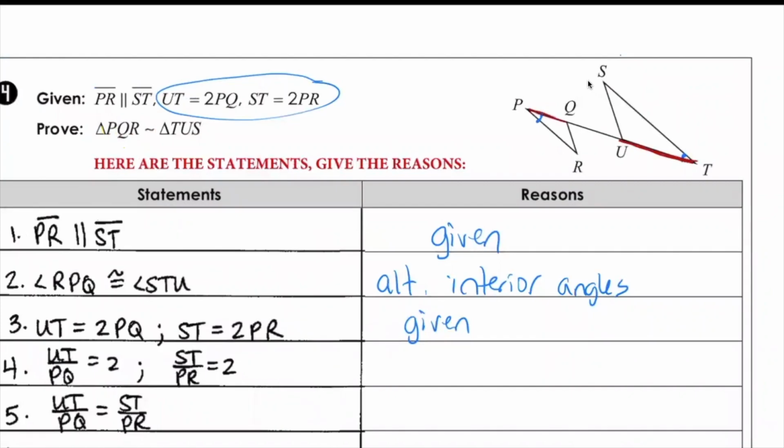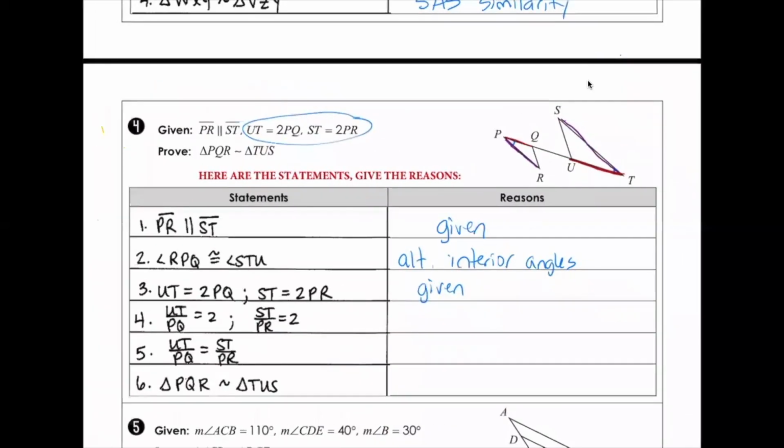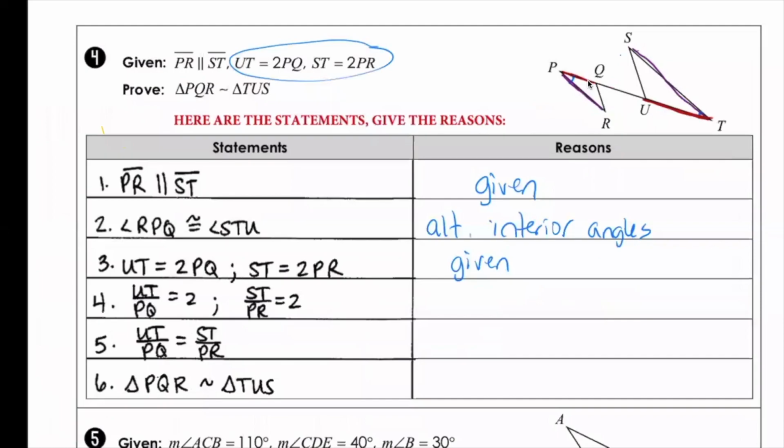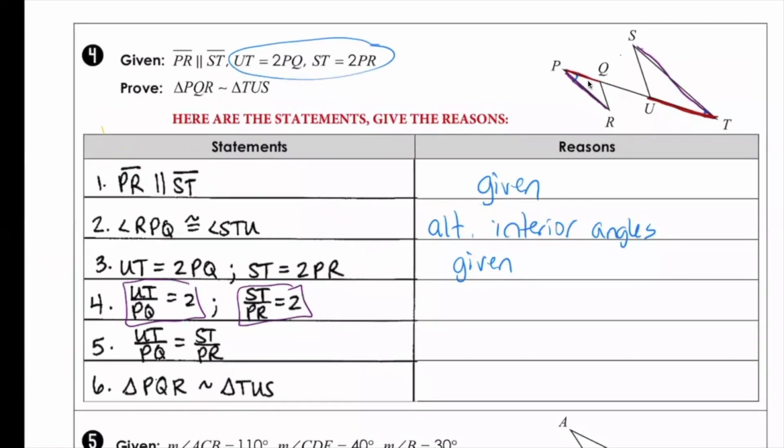And then ST, which is the big triangle here, is double PR. So basically it's telling you it's double the size. So it's actually proportional. They're both double. Okay. So UT over PQ equals 2. ST over PR equals 2. Why can we say that?